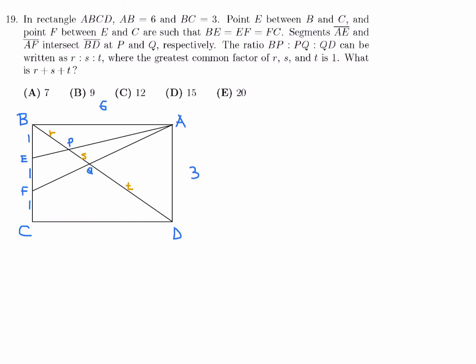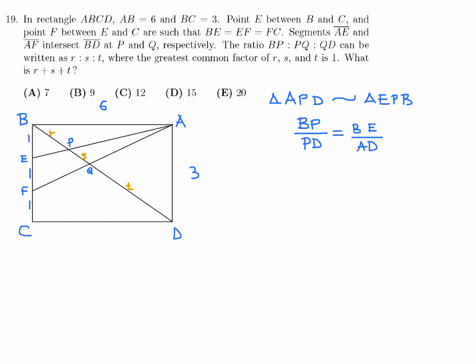All right. So this is a similar triangles question. The first one, of course, is triangle APD is similar to triangle EPB. And when you look at the ratios of the sides, they are the same. So BP over PD is the same as BE over AD.